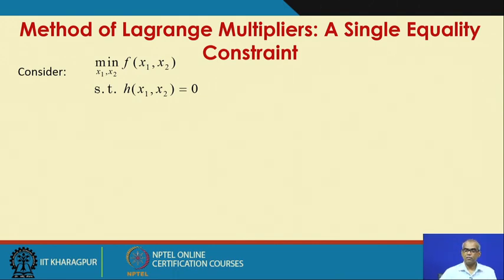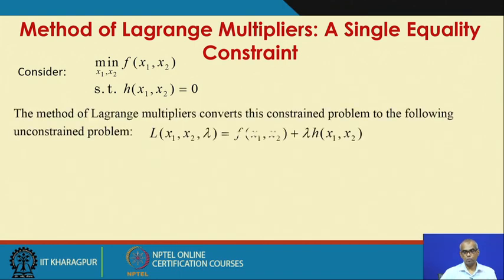Let us first take an optimization problem with a single equality constraint. We are solving a two variable problem subject to a single equality constraint. The problem statement is minimization of f of x 1 x 2 subject to h of x 1 x 2 equal to 0. The method of Lagrange multipliers converts this constrained problem to an unconstrained optimization problem by applying a parameter known as the Lagrange multiplier.